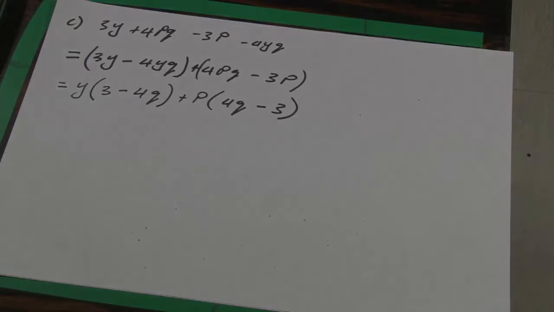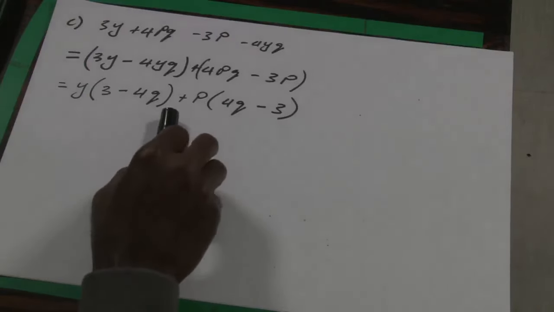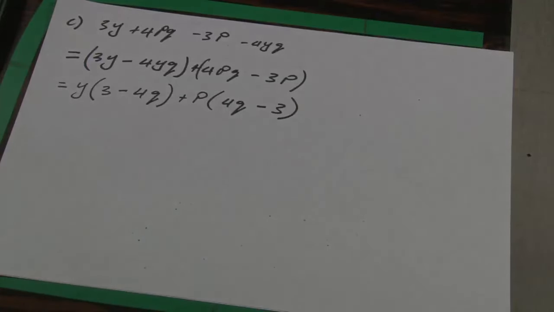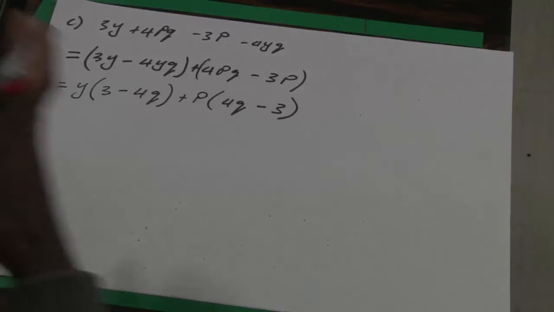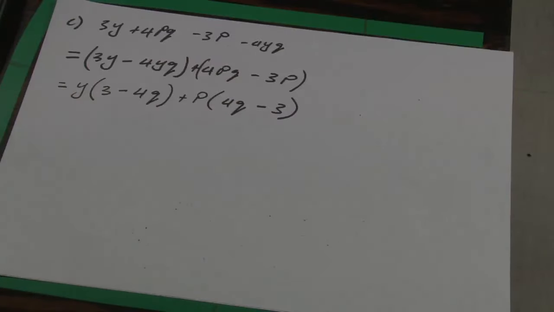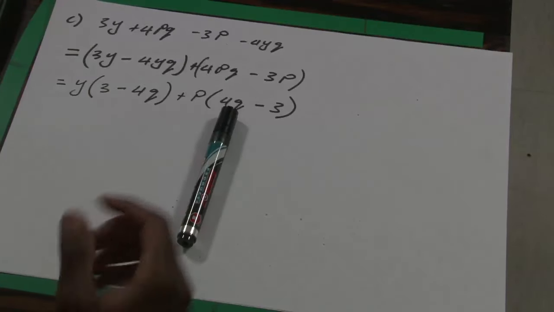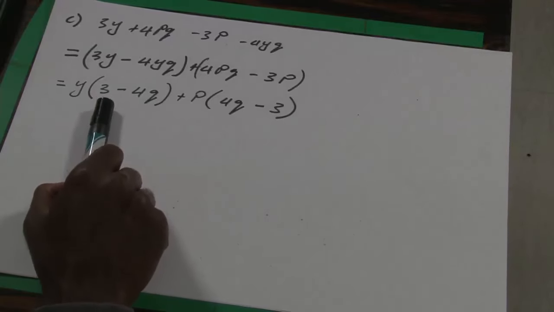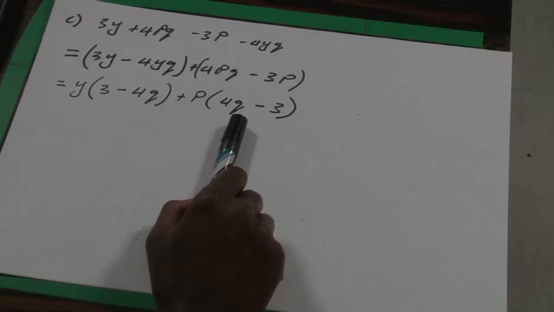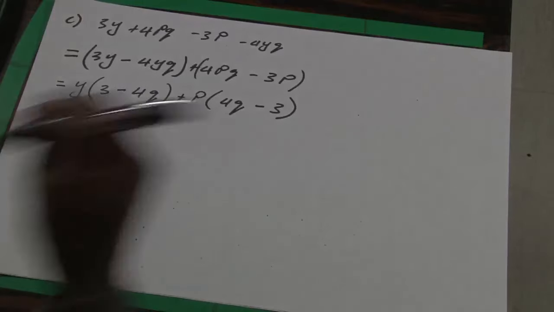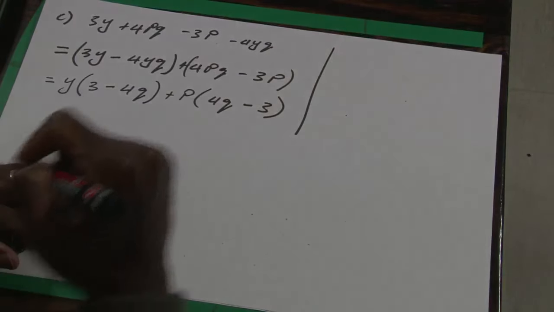Okay. Now remember, at this point in the previous example, the terms in the brackets were the same, which means we had a common factor again, which we could take out. But in this case, they seem the same, but they are not exactly the same. The difference is that 3 minus 4q is the same as 4q minus 3 multiplied by negative 1. I'll just squeeze it on the side here.